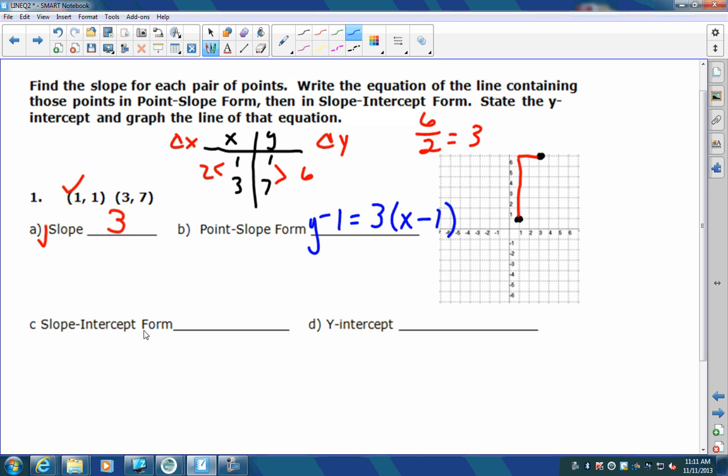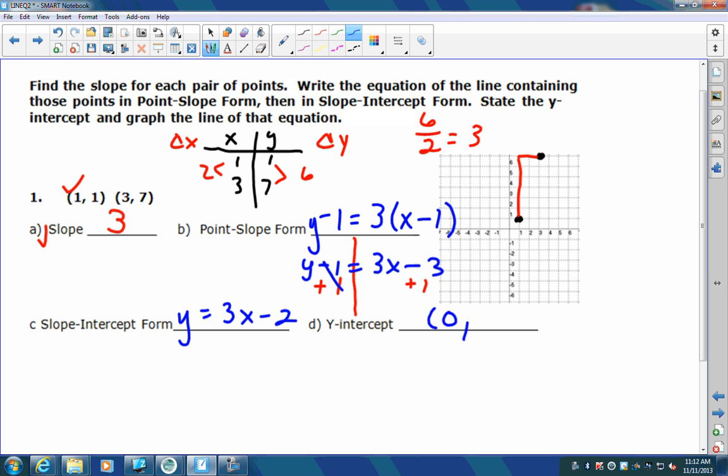Now to find it in slope-intercept. Rewriting this one, y minus 1 equals 3 times x, 3x, 3 times negative 1, negative 3. I'm going to add 1 to each side. I get y equals 3x minus 2.